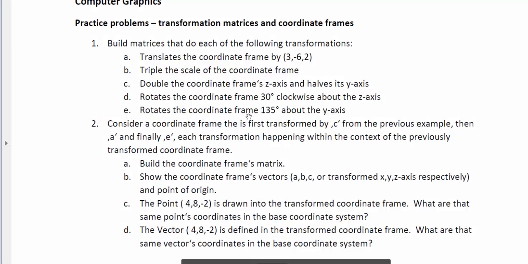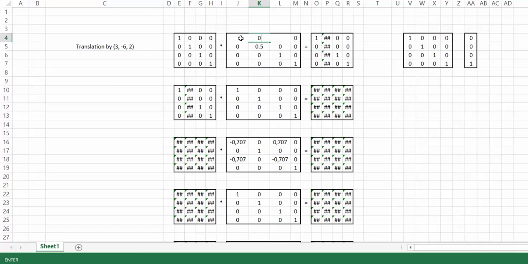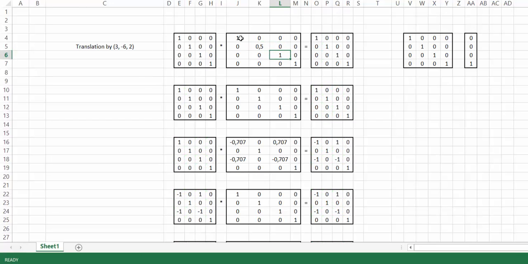Okay, so now to do the second part here, let's consider a coordinate frame that is first transformed by C from the previous example, which is double the coordinate frame's z-axis and halve its y-axis. Let's go in here and say, let's first do that, which is, this will be 1, 0, 0, 0, 0.5 here, 0, 0.5, like that, to get the numbers in there, and 2 here.